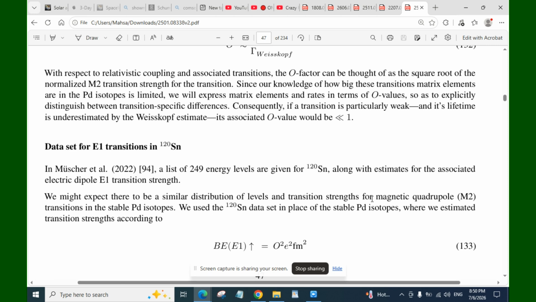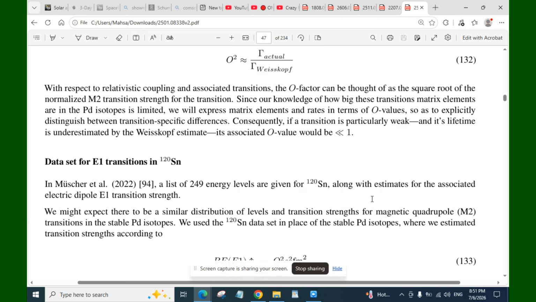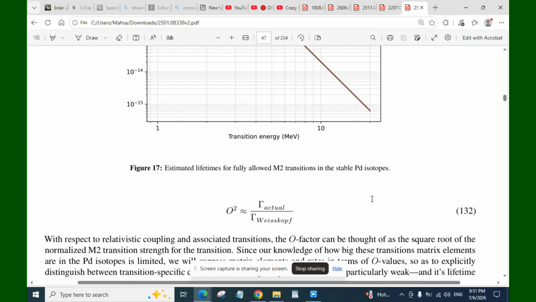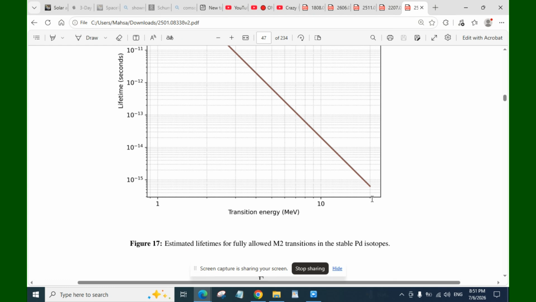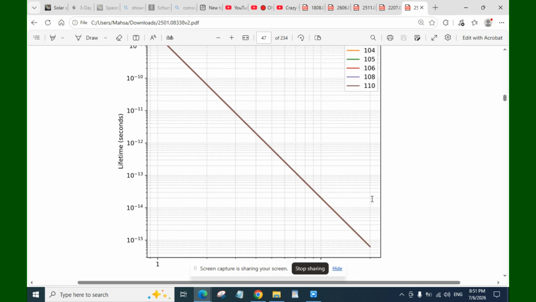We use the Sn-120 dataset in place of the stable palladium isotopes, where we estimated transition strength according to B(E1) = O2 e squared fm squared, and also here O2 is almost equal to tau actual divided by tau Weisskopf. Figure 17 illustrates estimated lifetimes for fully allowed M2 transitions in the stable palladium isotopes.